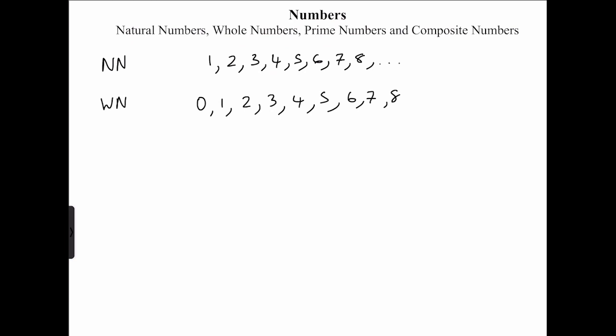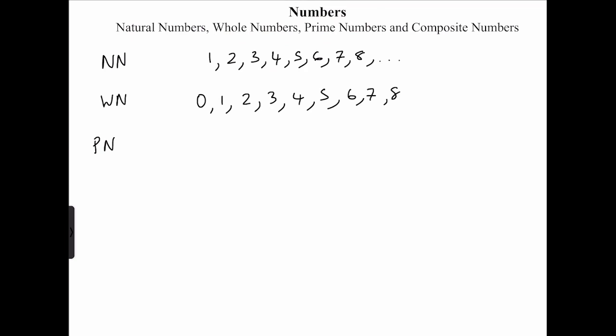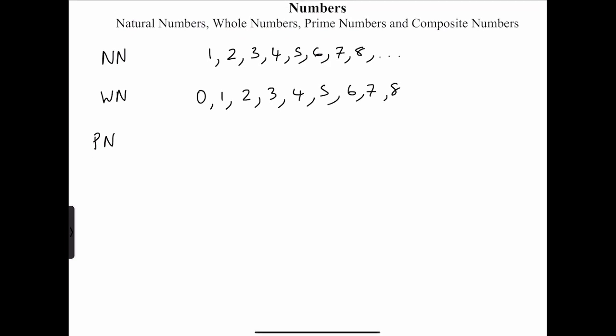Next, we have prime numbers. Before we list the set of prime numbers, it's important to go over a few concepts. A prime number is a number greater than 1 that has 1 and itself as factors.